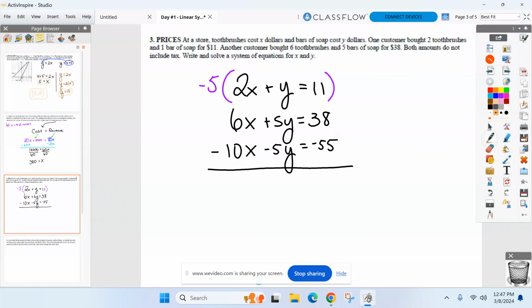All right, my y's cancel, so I'm left with -4x equals -17. I don't care how you did it, eventually your x should come out to be 4.25.